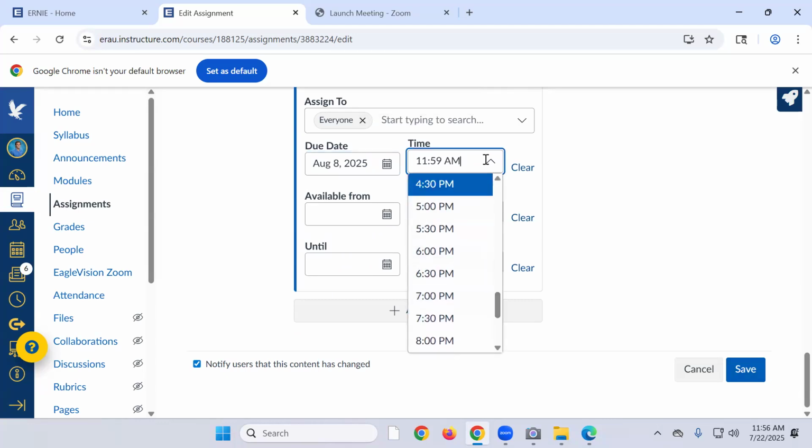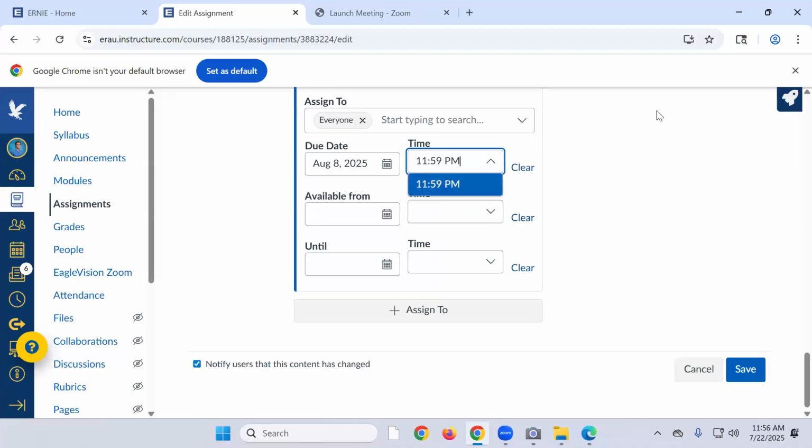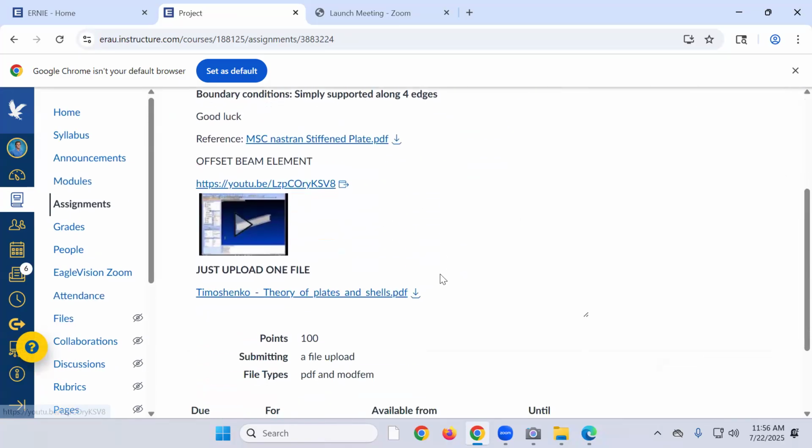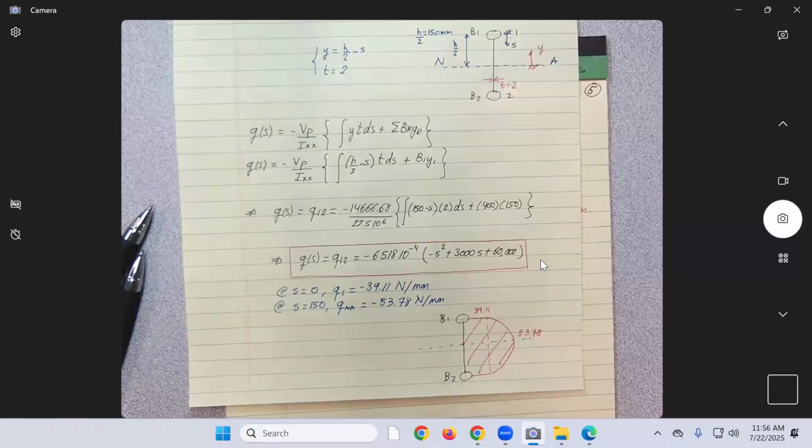I think it's easier to write here. Okay, and save. Okay, so now that I know what you have here, and this shows you how to move the, okay. All right, so the whole idea is this, okay?